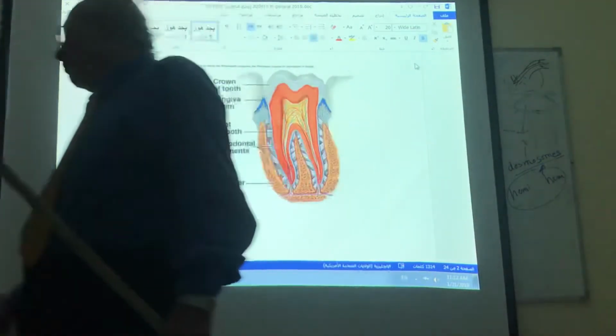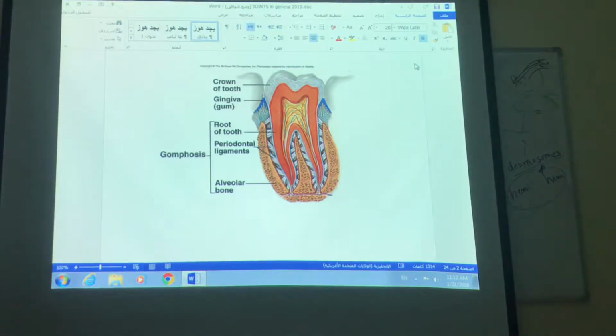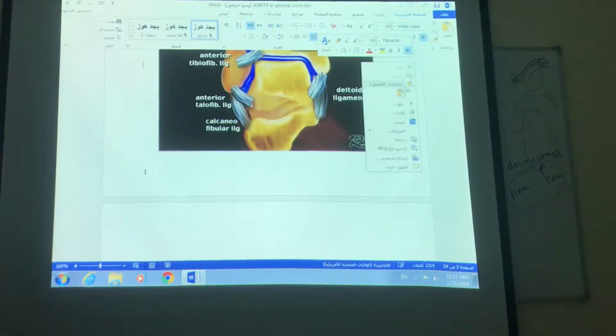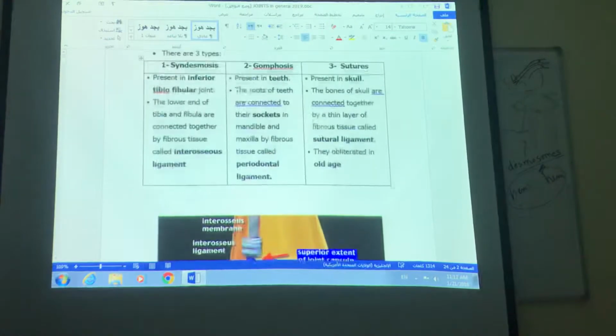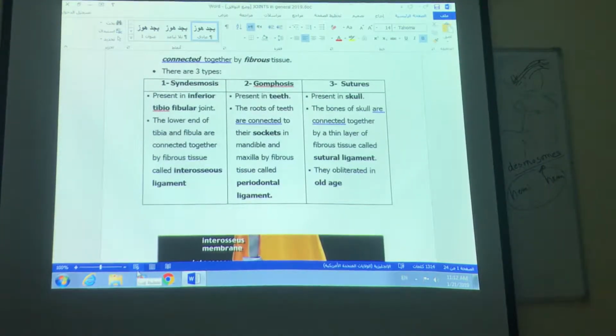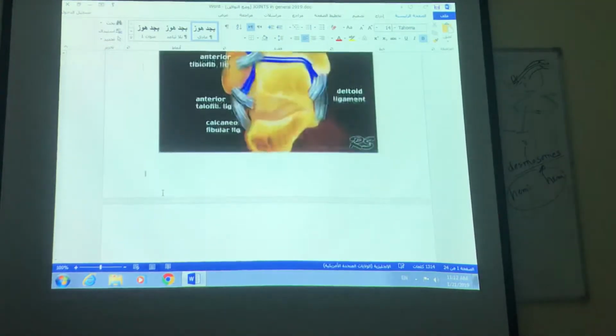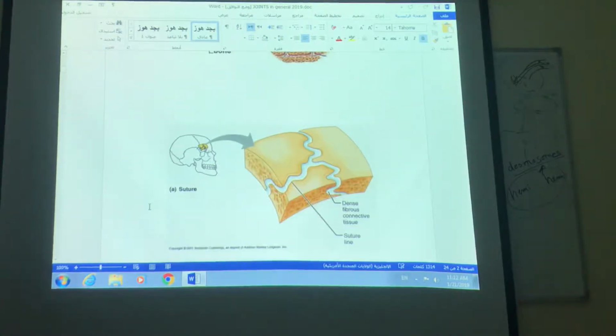The third type of fibrous joint is suture. What is suture? It is the connection between the bones of the skull.